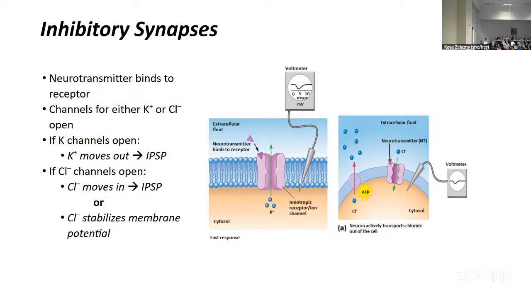Do negative charges come in? Do positive charges go out? Or are we blocking something from moving across? Right. So when we see inhibition, this usually has to do with potassium and chloride channels, because potassium wants to leave, and chloride wants to come in, causing inhibition. Sometimes it stabilizes membrane potentials as well.